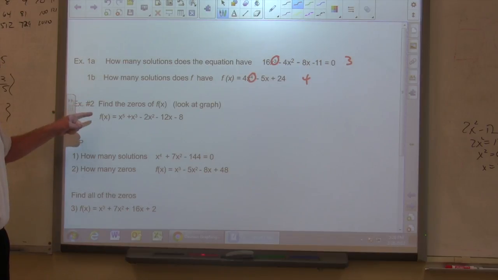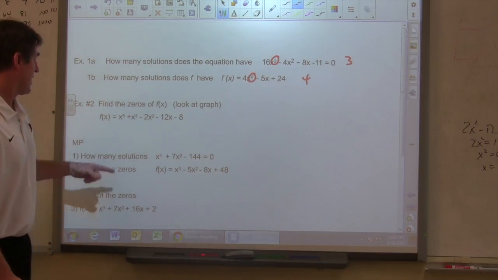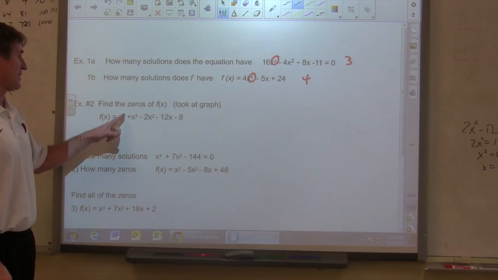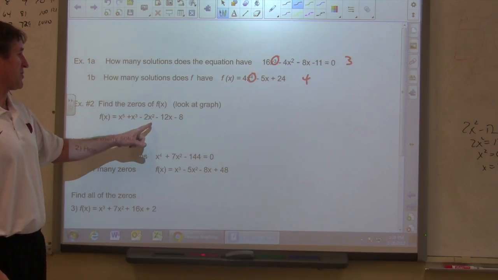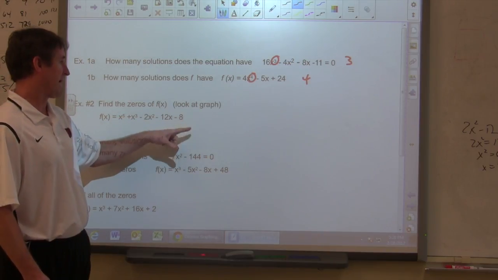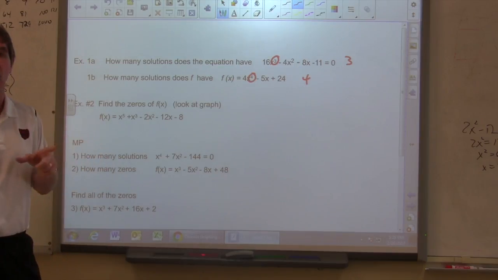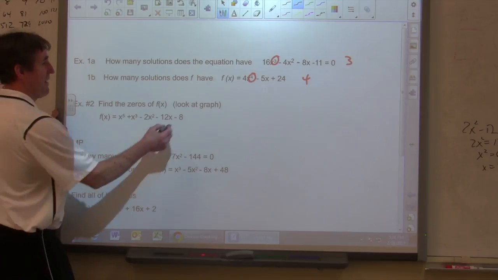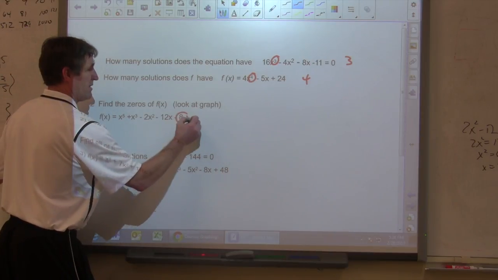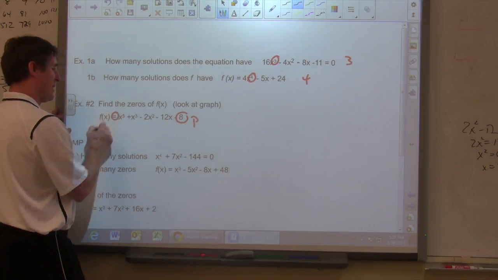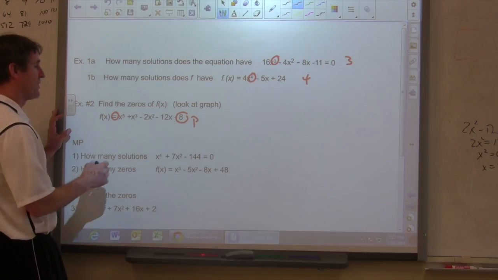The other thing they're going to ask you to do is to find all the zeros. They give us this function, x to the 5th plus x to the 3rd minus 2x squared minus 12x minus 8, and they want us to find all the zeros. Well, remember on the last section we found the factors of p, and the factors of q, which is the leading coefficient.